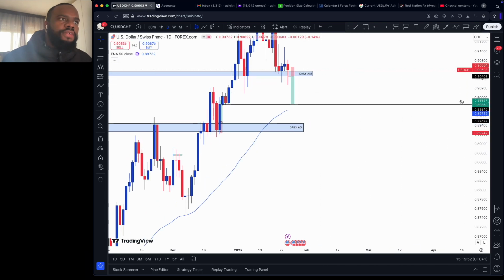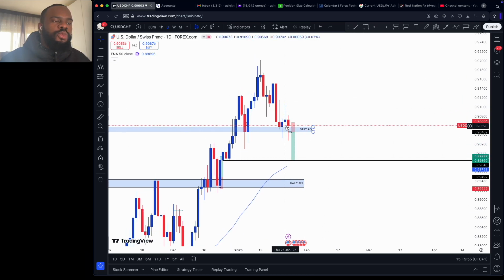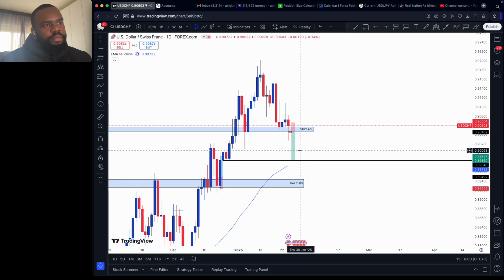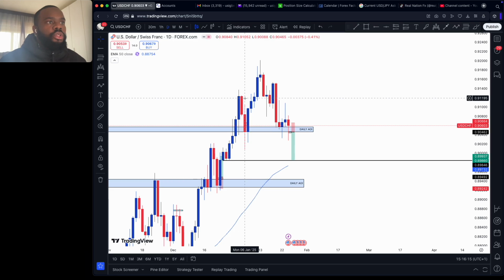USD CHF. USD CHF is quite funny, I won't lie. I thought on Friday this price was actually going to close below, which would give me the confirmation to sell to this zone the following week. But price actually closed above the area of interest again. So I'll be neutral on this pair.